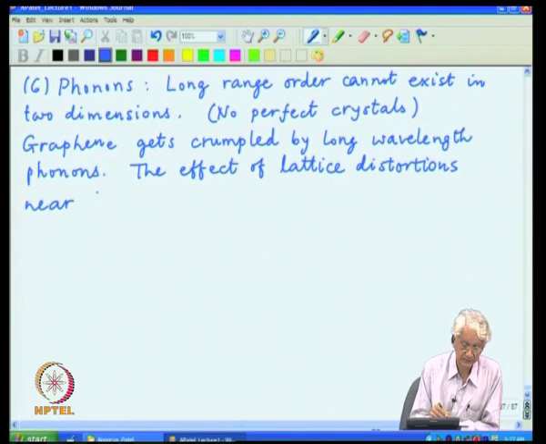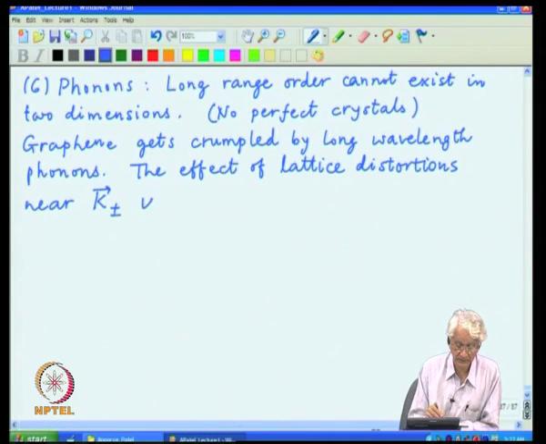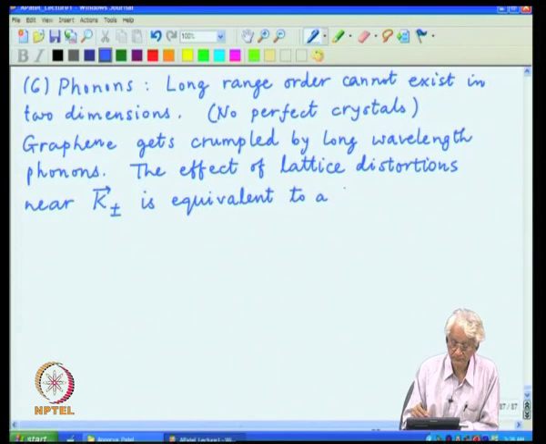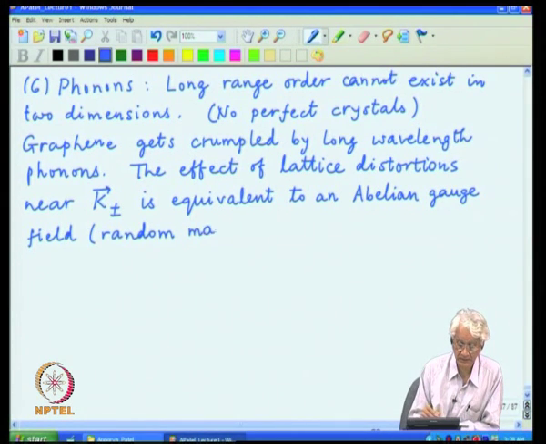and we again have to study what happens in the neighborhood of these 2 particular points k plus or minus, and it turns out that this disturbance is equivalent to a so-called abelian gauge field corresponding to random magnetic field.